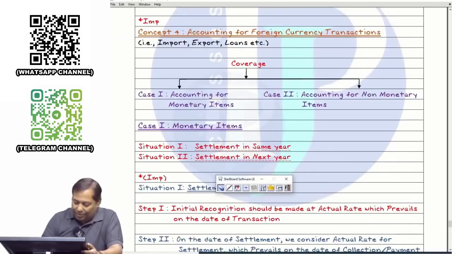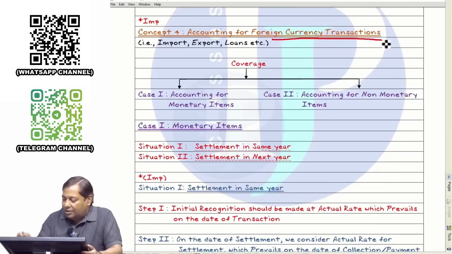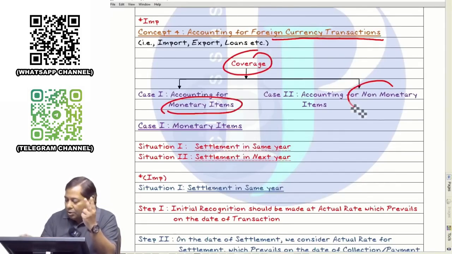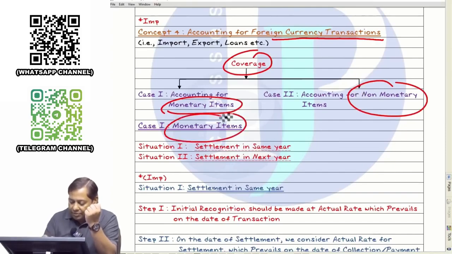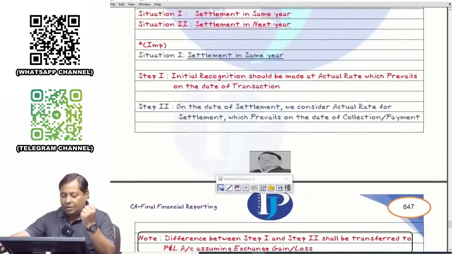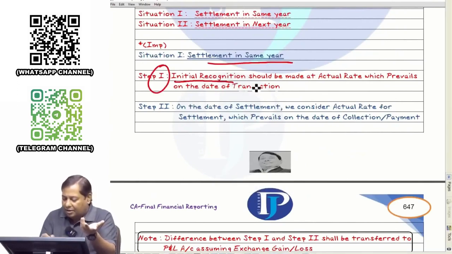Look, I will show this to you. We had started this concept of foreign currency transactions, which covered 2 units, monetary items and non-monetary items. We started monetary items: same year and next year. In the same year, there were 2 steps, initial and settlement. First step is initial, do it at actual rate.